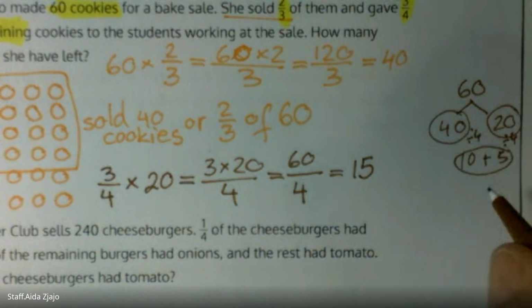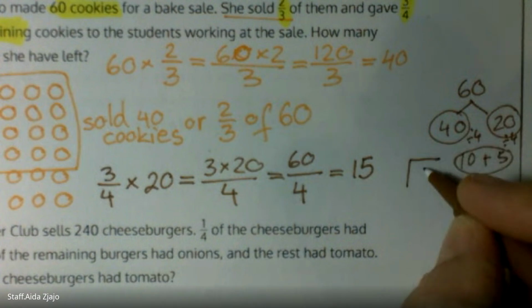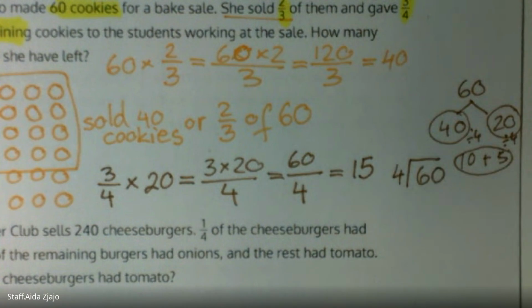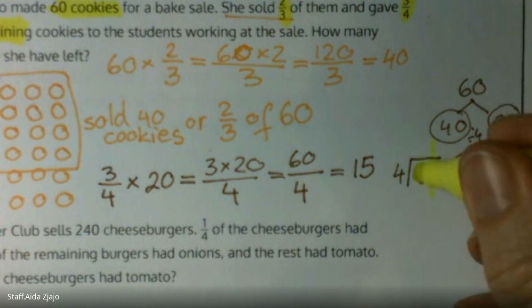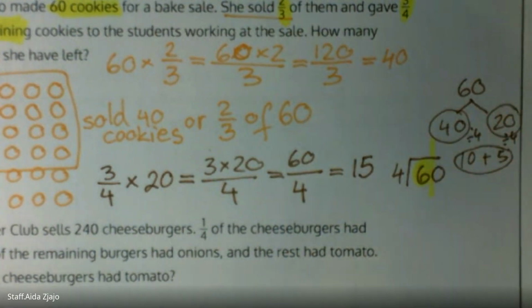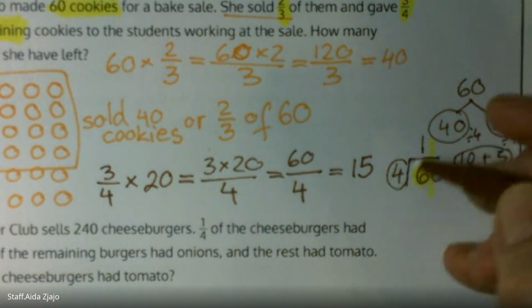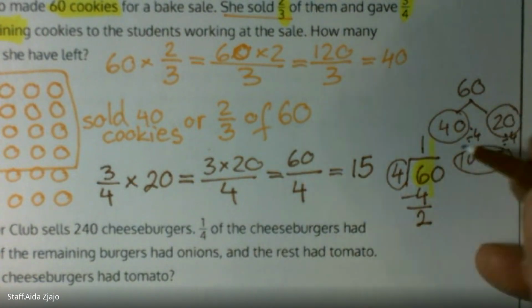Another is to just do the standard algorithm, which would be like this. If you start with the first number, you can think, if I have 6 tens, how many tens go into 4 groups? It goes 1. 1 times 4 is 4. We subtract, we get 2 tens left.